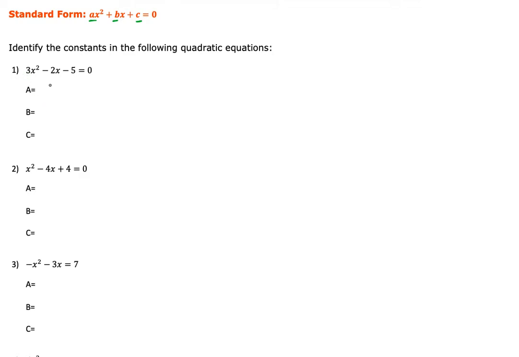A in this case is 3 because a is whatever is multiplied to x squared. B is negative 2 and c is negative 5. Down here my a is 1, my negative 4 is my b, and my positive 4 is my c.